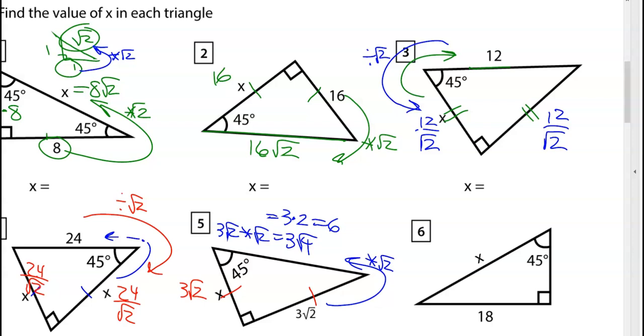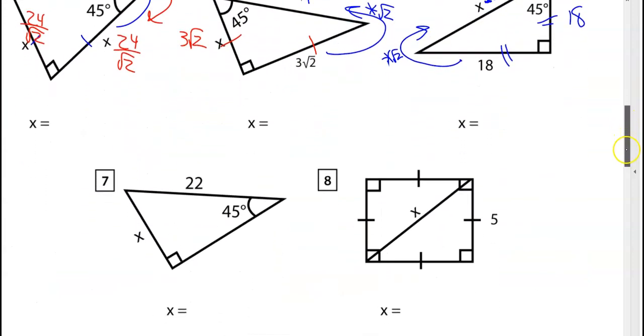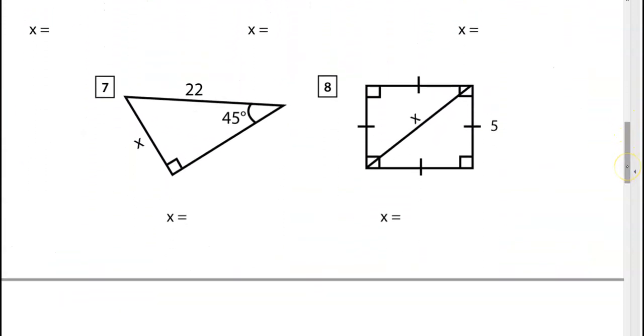Problem 6, again, we're going from a leg to the hypotenuse, so that means we're going to be multiplying by root 2. This length and this length are the same, so this is 18. And 18 times root 2 makes the hypotenuse 18 root 2. There are the last two problems. We are given a hypotenuse, these are two sides, so going from here to here is a multiplication by root 2.